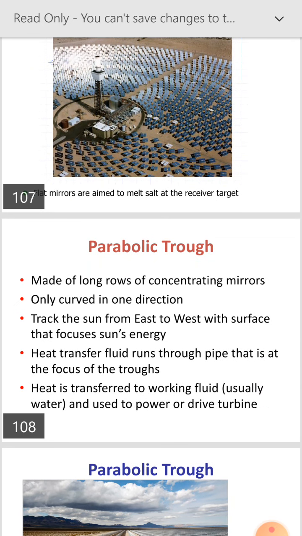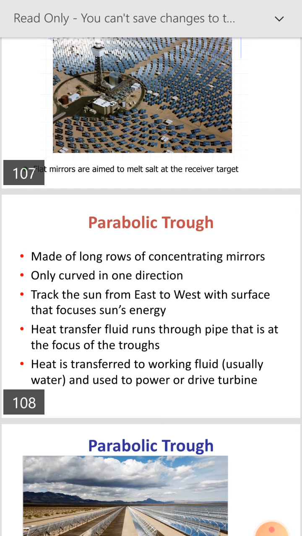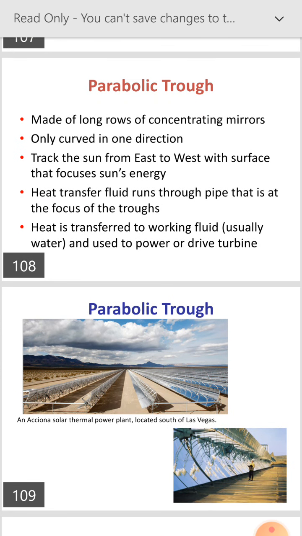Parabolic trough is made of long rows of concentrating mirrors that only curve in one direction, tracking the sun from east to west with a surface that focuses sun energy. Heat transfer fluid runs through a pipe that is at the focus of the trough. Heat is transferred to the working fluid, usually water, and used to drive a turbine.